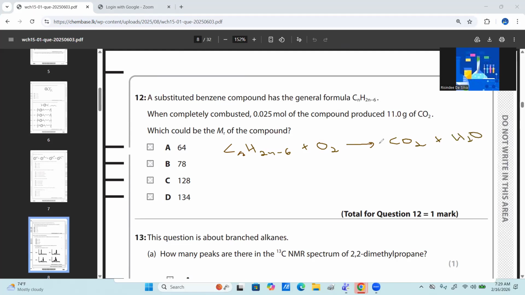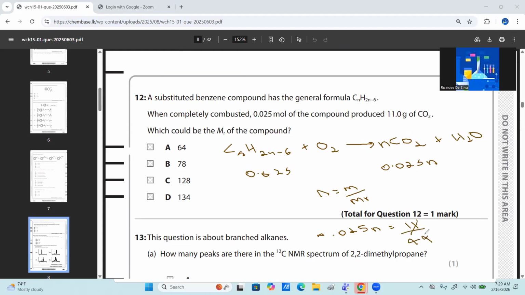Then this should be n. So if you have 0.025 moles, this is equal to 0.025n, right? Then we know n is equal to m over Mr. So 0.025n is equal to mass 11 over molar mass 44.